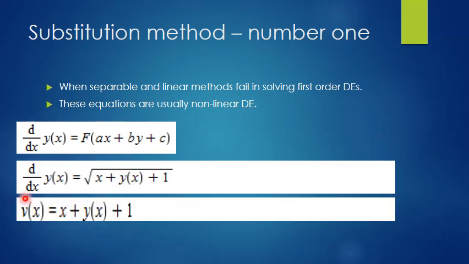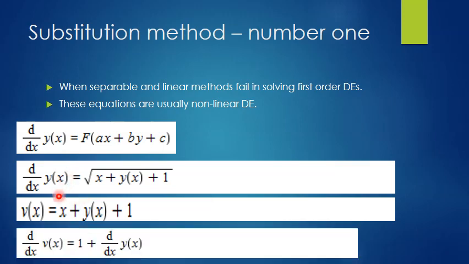We want to make v equal to this. So to do that, we need to also figure out what the derivative of v is. And so if we do that with respect to x, we get 1 here, we get the derivative of y with respect to x, and then that's a constant, so that goes to 0.